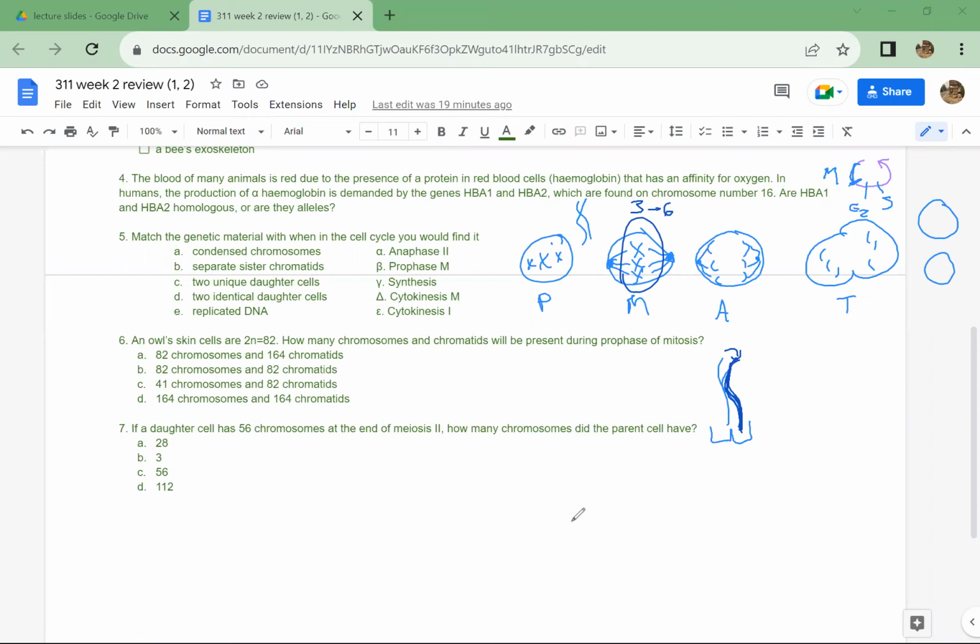And a chromatid, we often in class call a DNA molecule. I wish my pen would just be nice to me. It's okay. It helps me a lot. I should be nicer to it. DNA molecule, chromatid, DNA molecule, whichever you want to say.